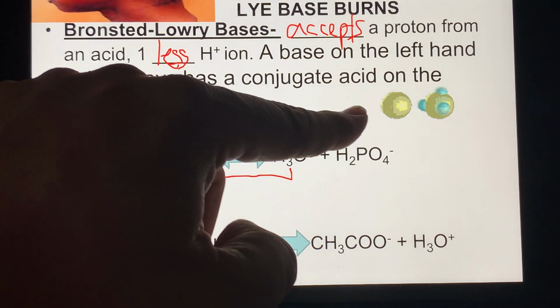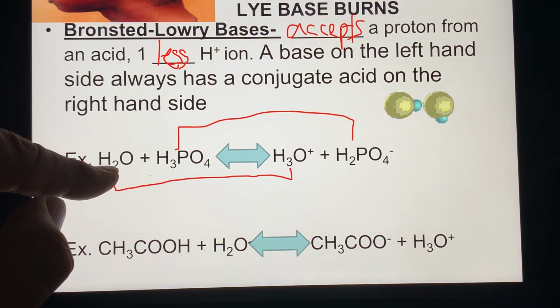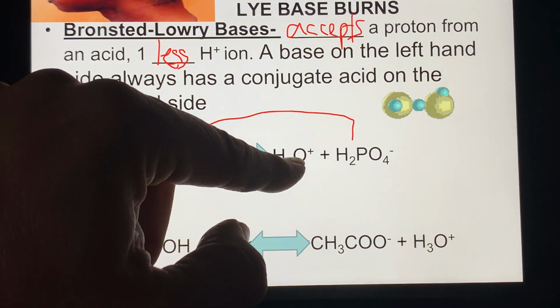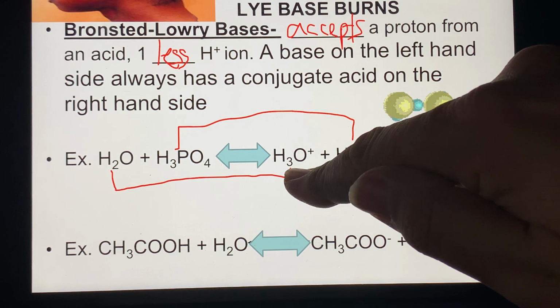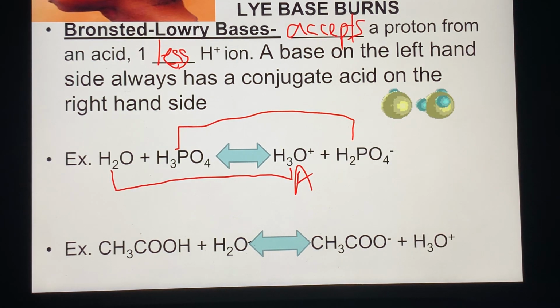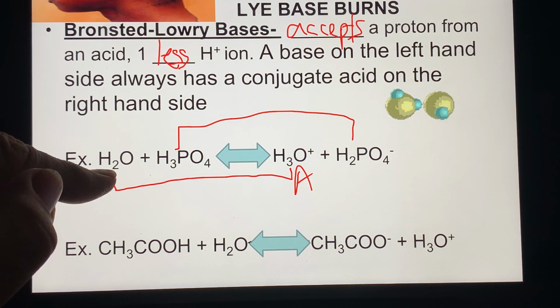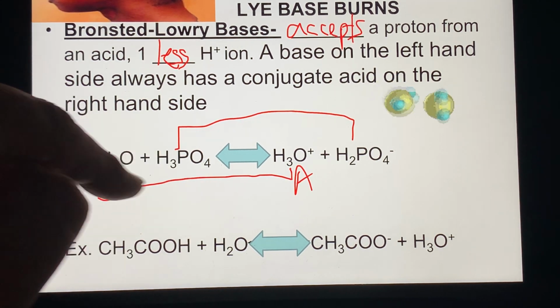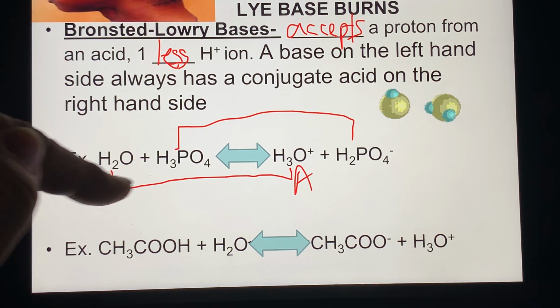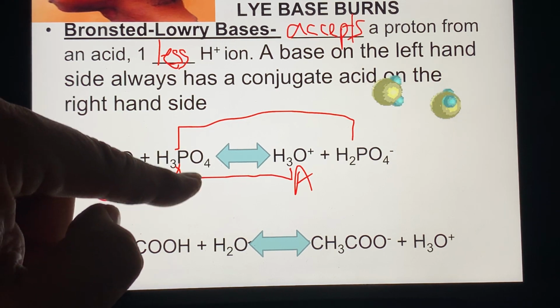H3PO4 will connect with H2PO4 negative. Because this is two H's, this guy is three. They look similar, right? The one that has one more is your what? Acid. The one that has one less is your base. Now we said you can never have two acids or two bases on the same side. So if this is a base, this must be an acid.